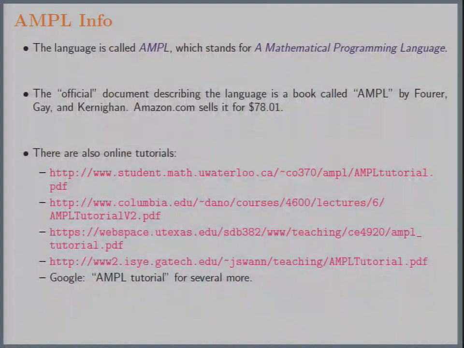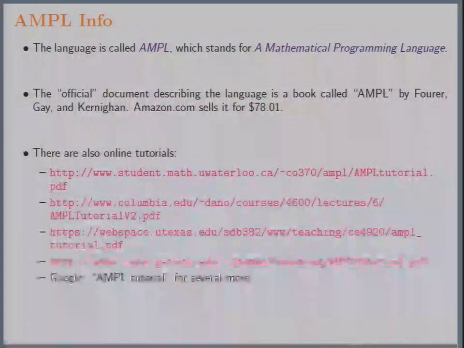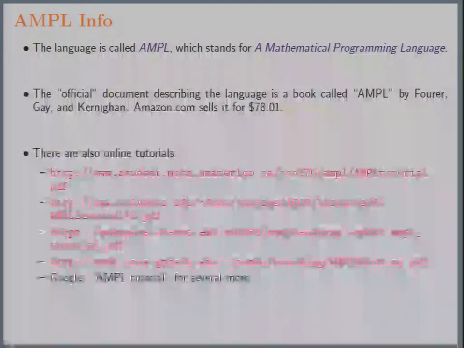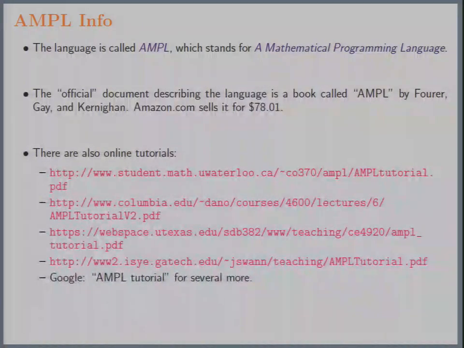And of course there are interfaces for optimization within Microsoft Excel, within MATLAB, but I would not consider those languages for optimization. If you just have a linear programming problem, you just want to make an A matrix, MATLAB is a fine way to go at it. But if you're trying to write down nonlinear constraints, and you have to actually provide to the software not only the evaluation of a function, but also its first derivative and its gradients and its Hessians.